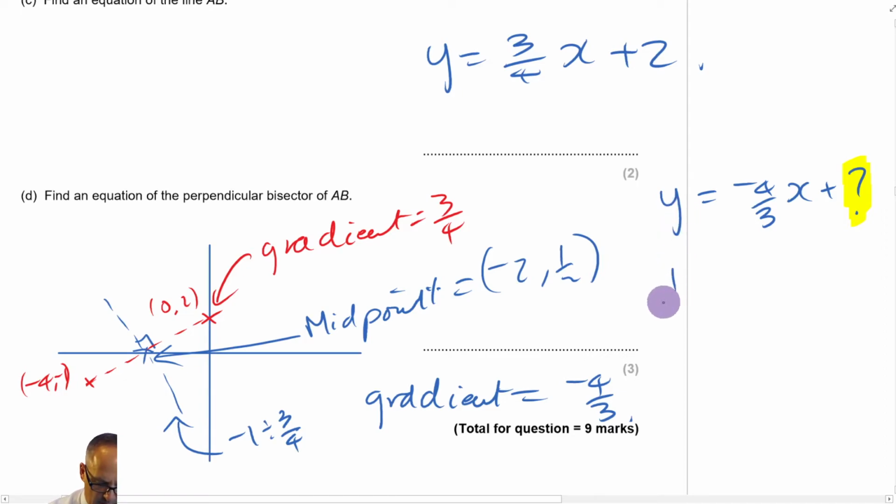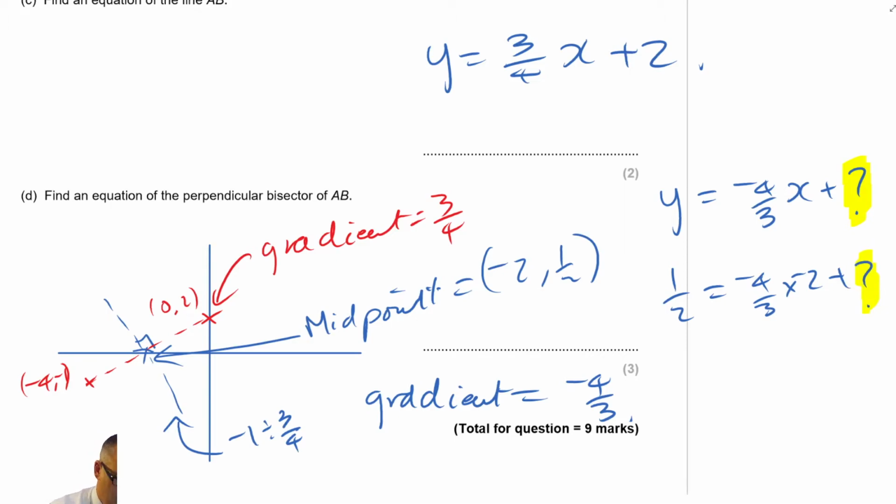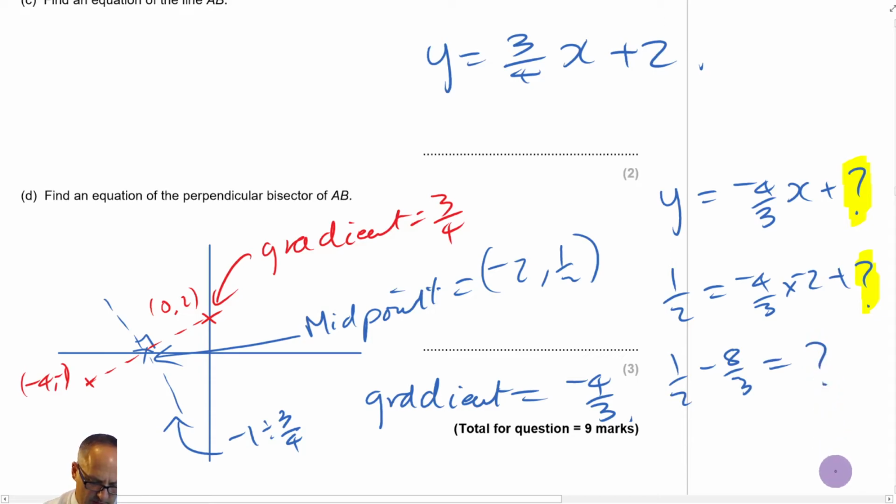So put that in. So put a half in here. Put a minus 2 in here. So you get -4/3 times -2, and that will be equal to our something here. Minus 2 times -4/3 is going to be 8/3.